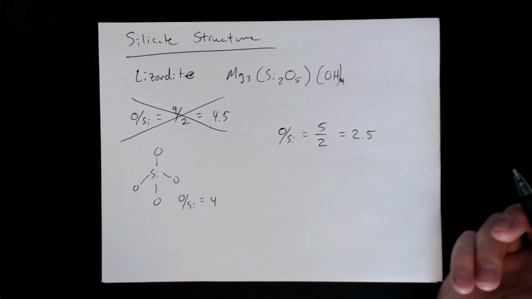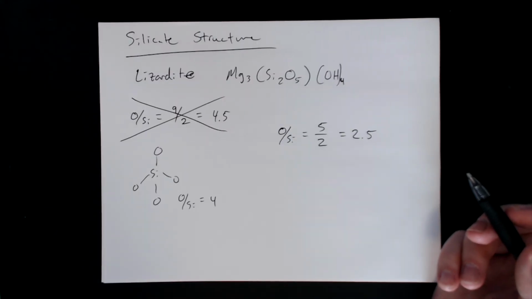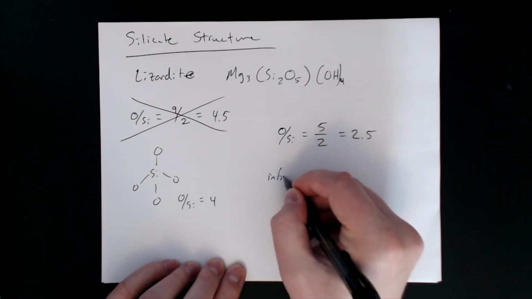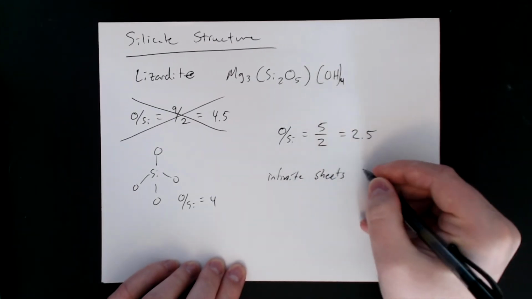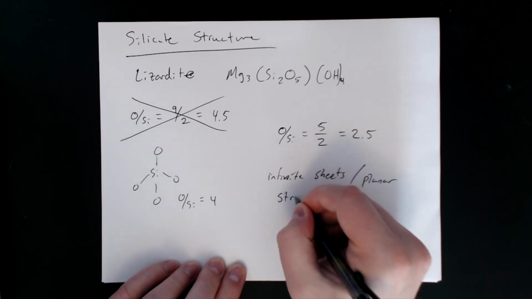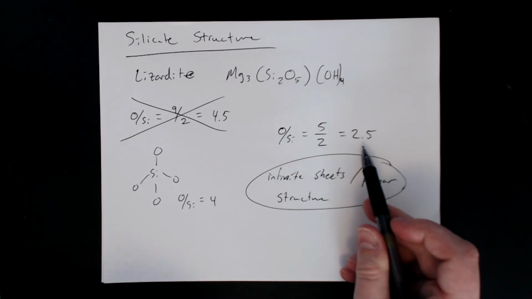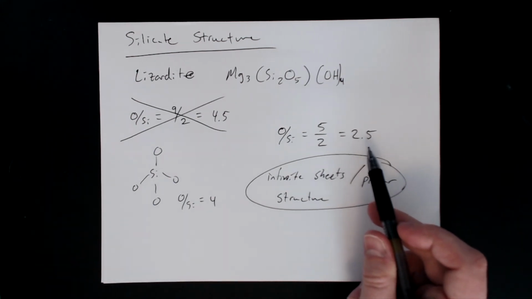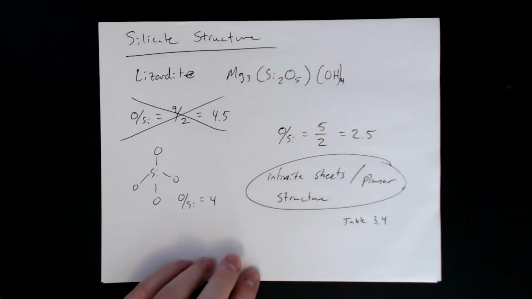And so if we go to our table, we see that this gave us the infinite sheets, or you might call it the planar structure. That's the kind of structure you would expect with a number of 2.5, from table 3.4.